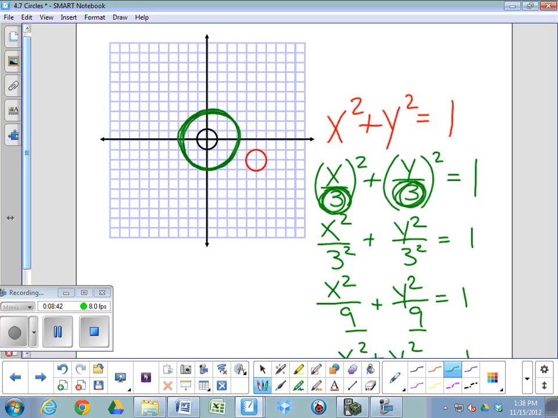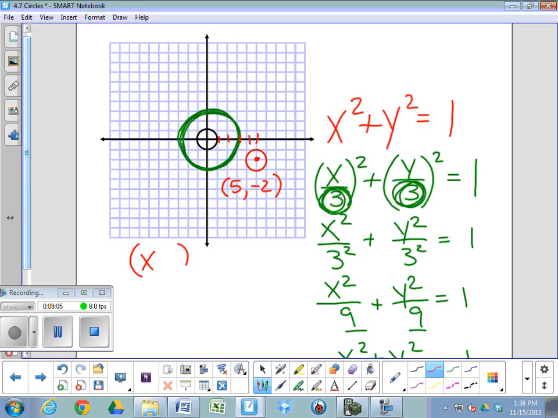There we go. Where's the red circle compared to the black one? Right and down. Right how far? 5. Down 2. The center is down 2. So the center is at 5, -2. Here's how you would write that equation.